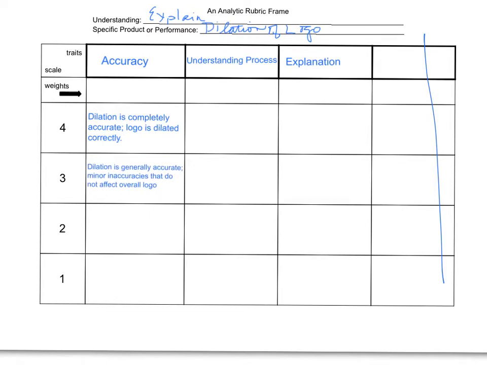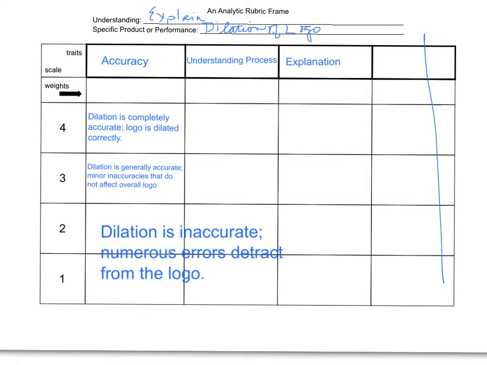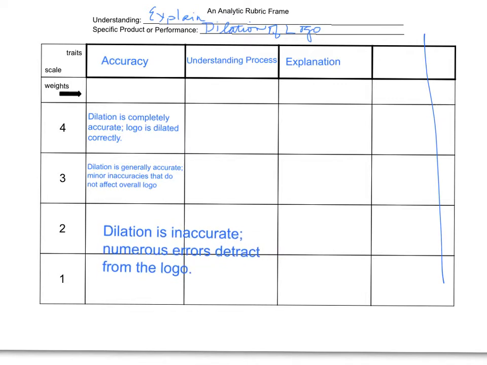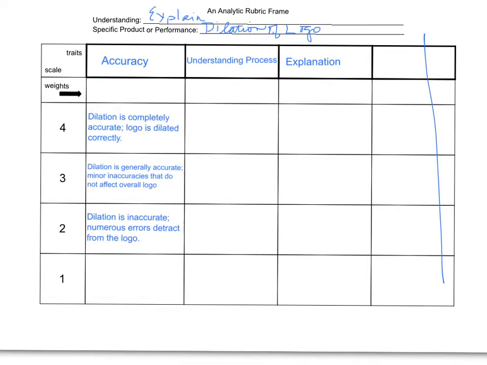Okay, next section. Looking down at my degrees of accuracy, the next one's inaccurate. So I'm going to say dilation is inaccurate. Numerous errors, if I can spell here, detract from the logo. And then finally, there are major inaccuracies.